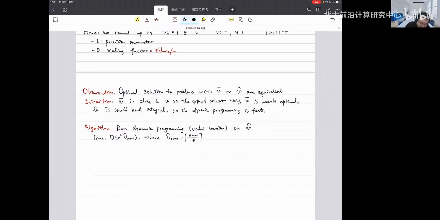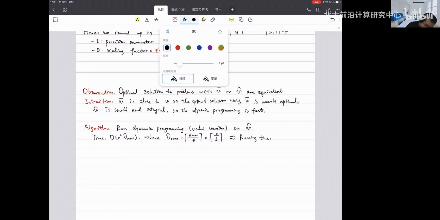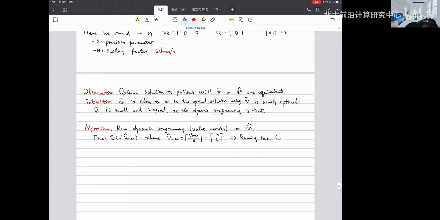So this is actually going to be the scaling function of n over epsilon. And this gives us that the running time is O of n cubed divided by epsilon.